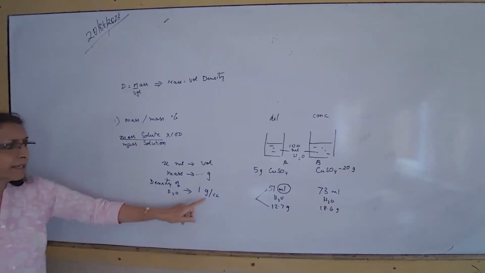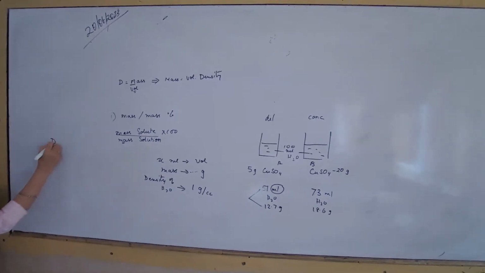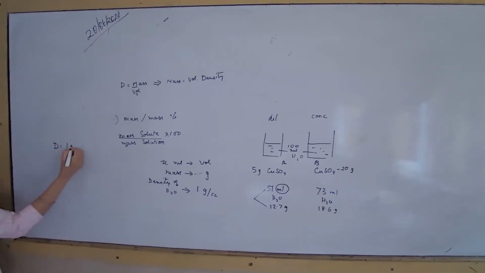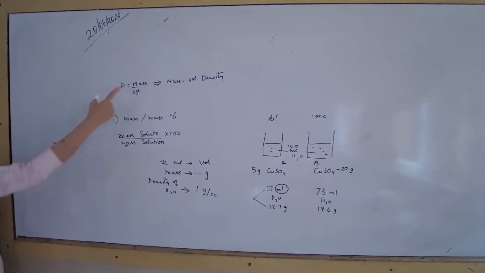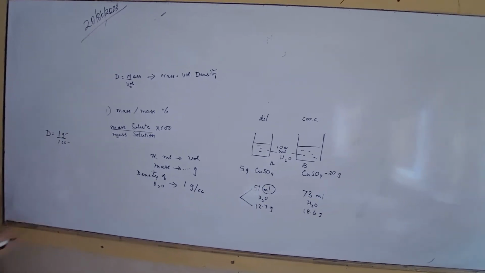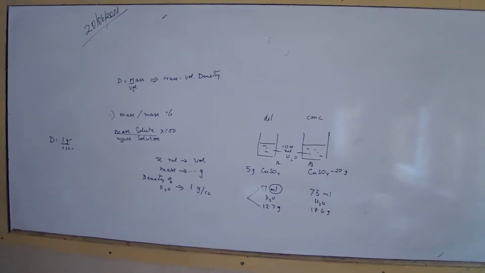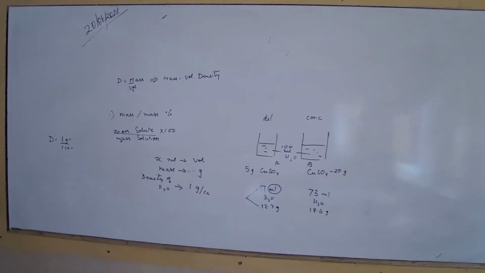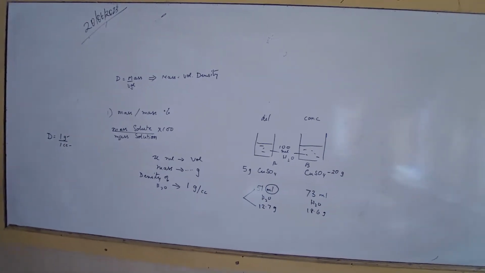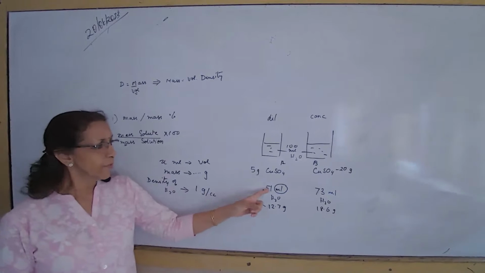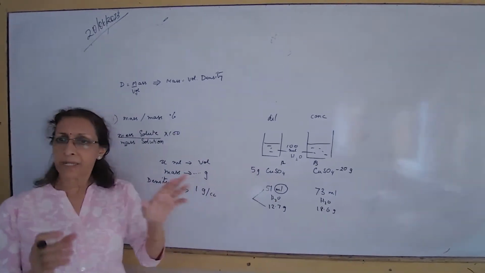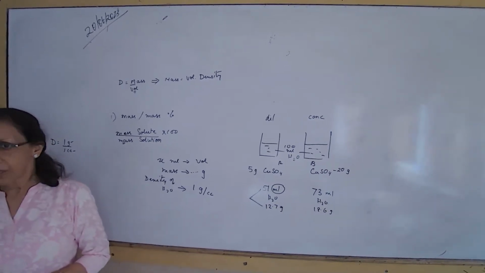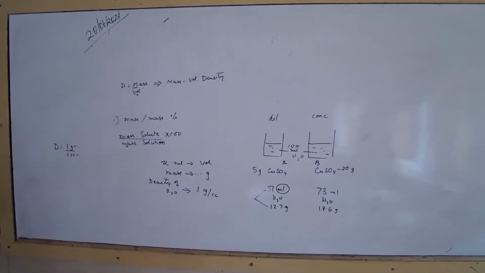When I say it is 1 gram per cc, density is equal to 1 gram per 1 cc. 1 gram is your mass and volume is equal to 1 cc, which is equal to 1 ml. So for water, because it is 1 gram per cc, then it becomes very easy. For example, if I say it is 51 ml, it means it is having a mass of 51 grams. Is that okay? Come on, take out your notebook, copy down this.